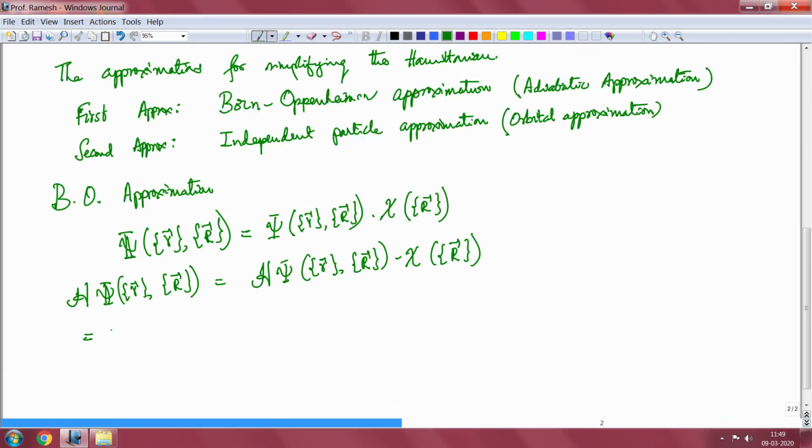I can write it as minus h cross squared by 2m. Well, let me write it a little bit differently.